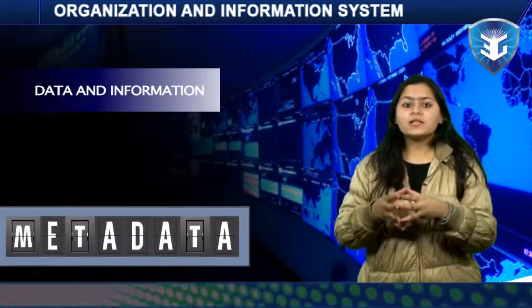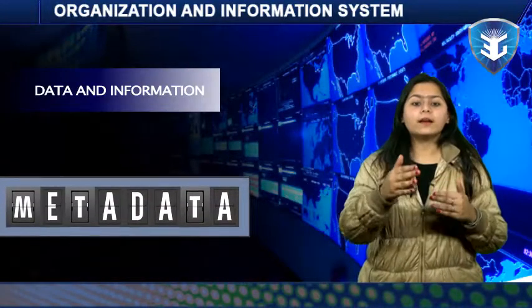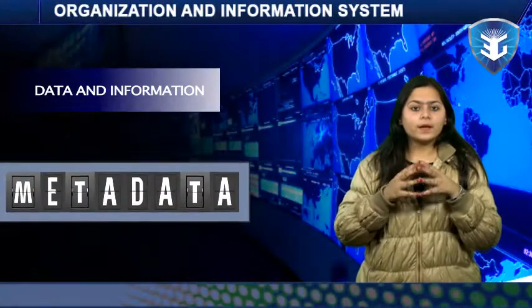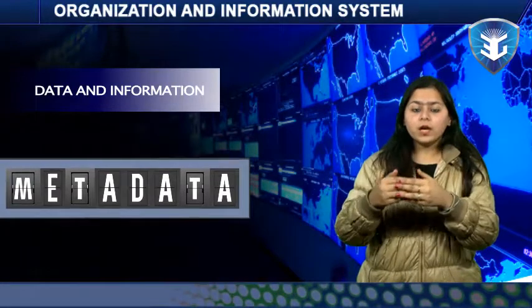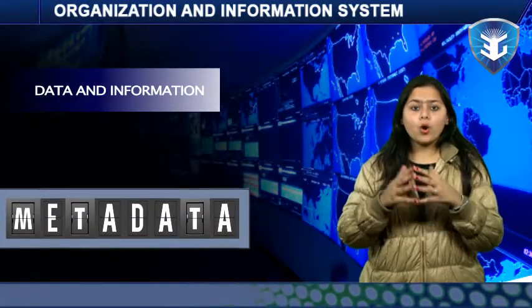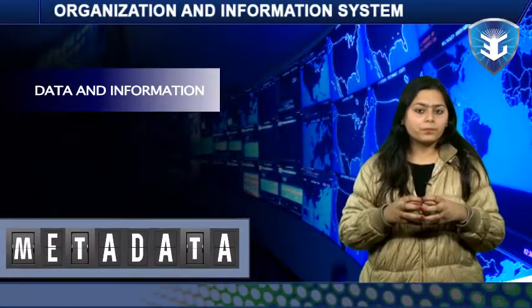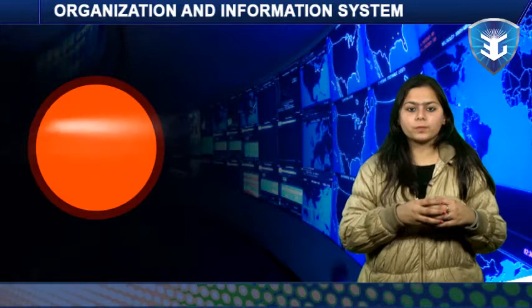Metadata. Metadata can be thought of as data that describes data. It may have been introduced to us in the database unit, where it is defined as a data dictionary. Attributes of information.